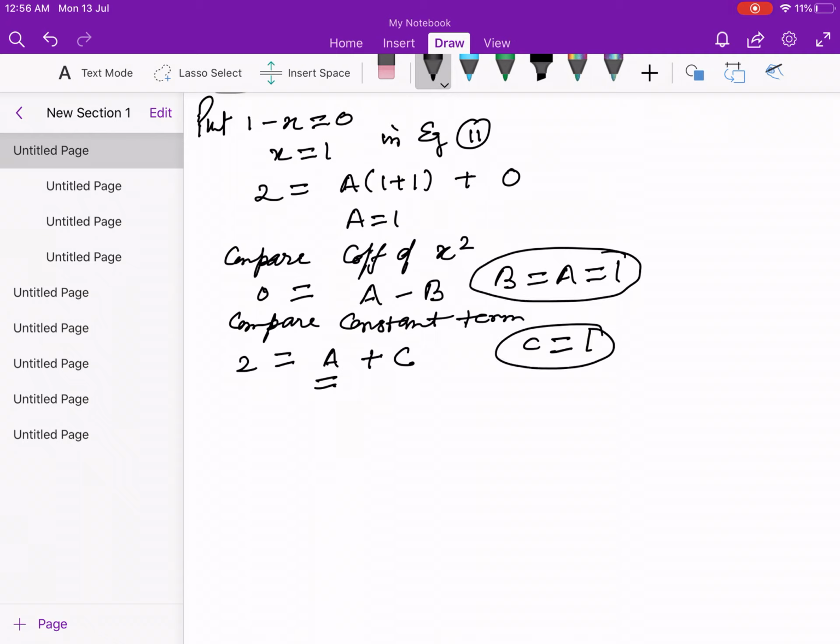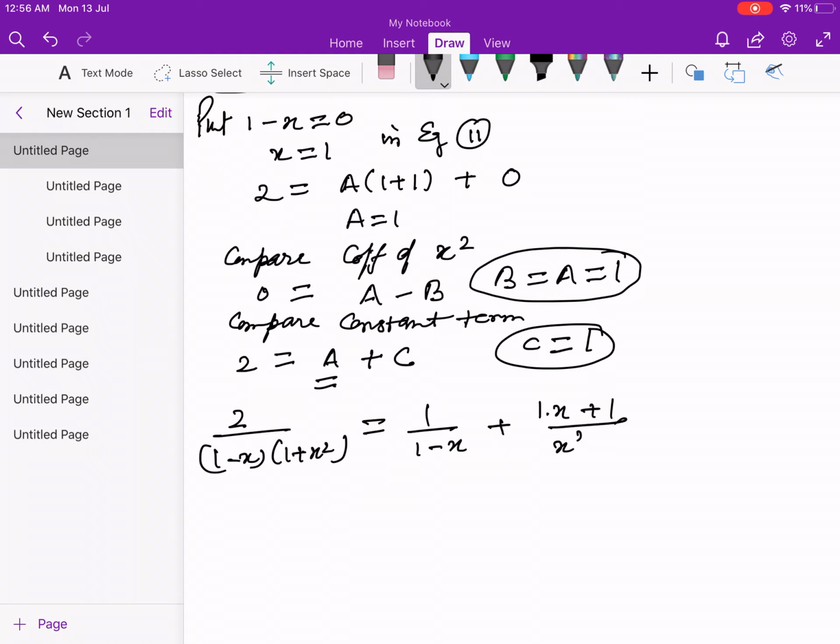Now put these values in equation number 1 here. So what follows from here? 2 upon (1 minus x)(1 plus x square) equals to 1 upon 1 minus x plus (1 into x plus 1) over (x square plus 1). Put them in the integral sign.